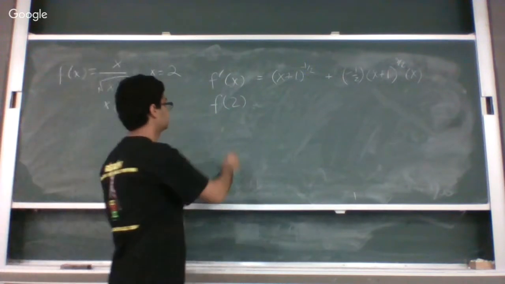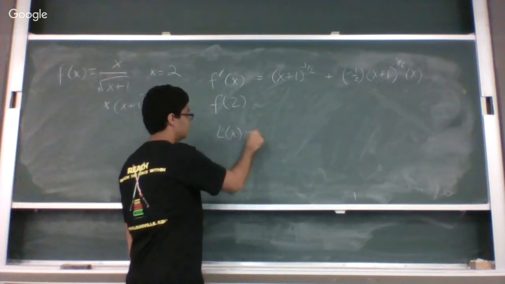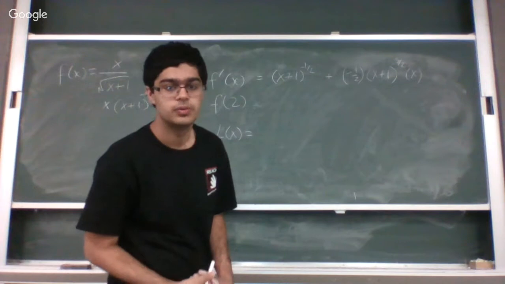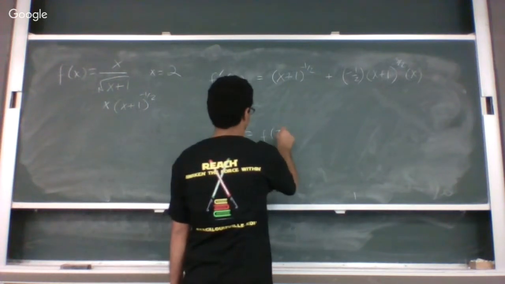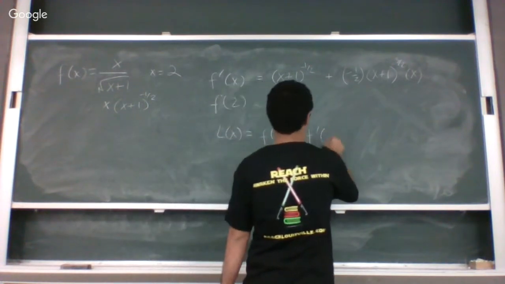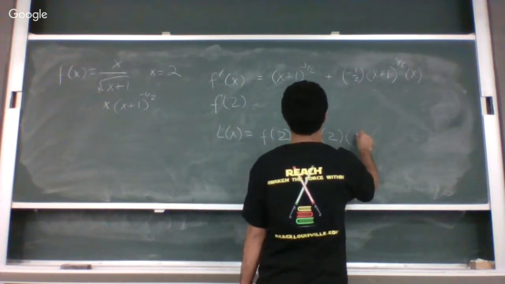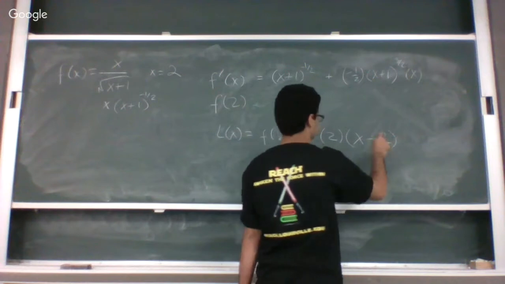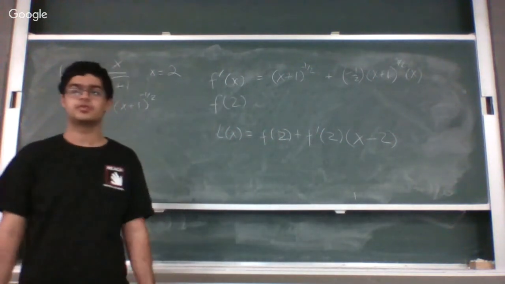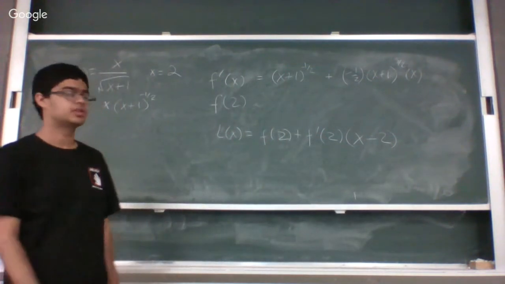And then you get L of x, which is f of 2 plus f prime of 2 times x minus 2. You guys good with that? I mean, we covered it.